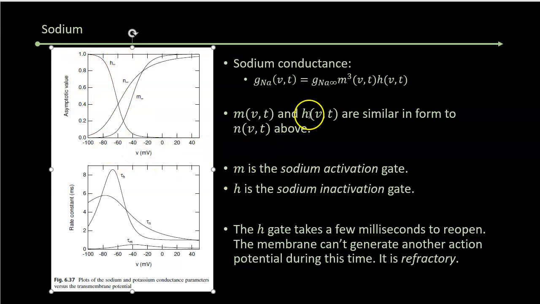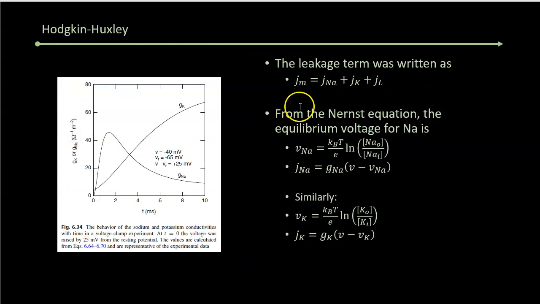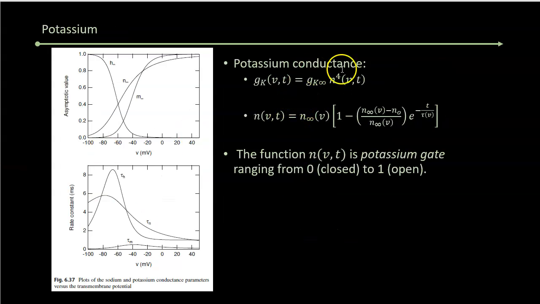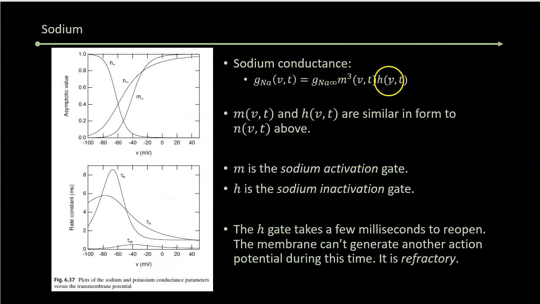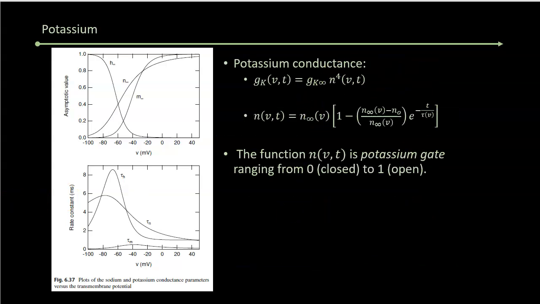When they fit the model, it was M cubed times H. Over here we had the fourth power, and here we still have it in some sense, because we have M cubed times H. The form of these is very similar to this one, with different constants. Again, you have to use a computer to solve all this, which is why you see computer code in the book.